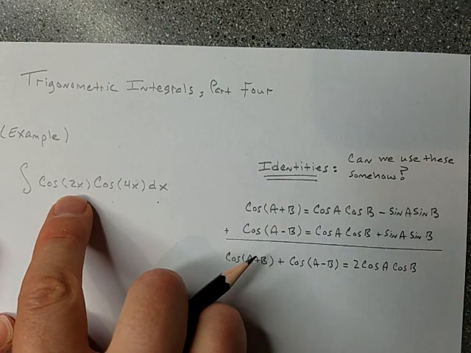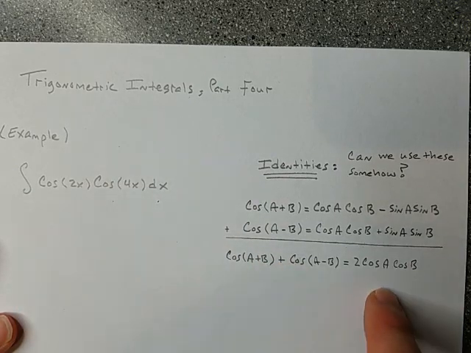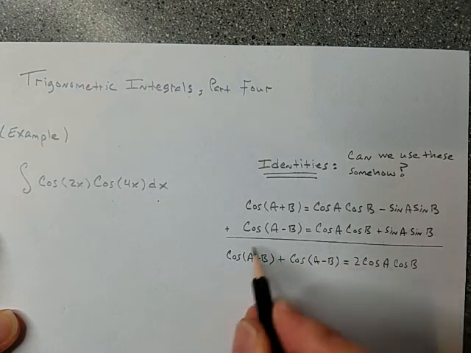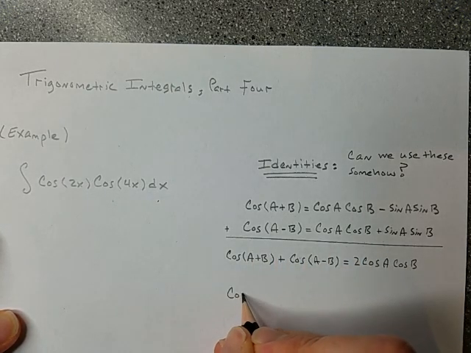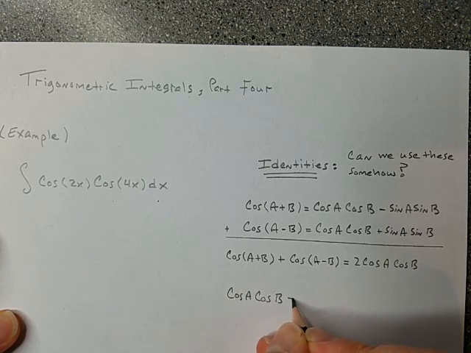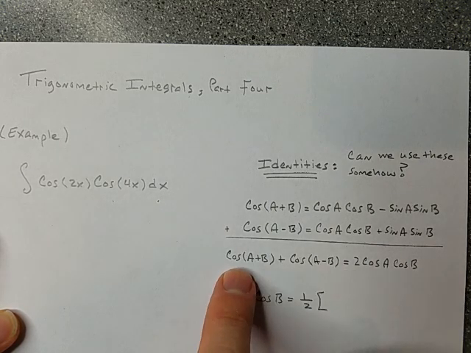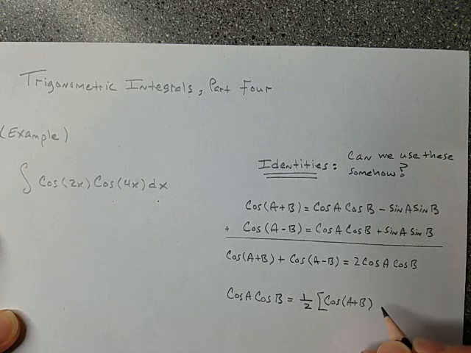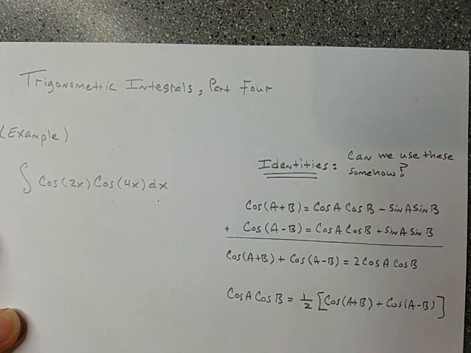I've got cosine of one angle times cosine of some other angle, okay? The only thing is that the 2 is not there, but let's get some final form of this. Cosine of angle A times cosine of angle B is 1/2, I'm going to divide that 2 over here, times cosine of A plus B, plus cosine of A minus B. Okay, so that's what I want.